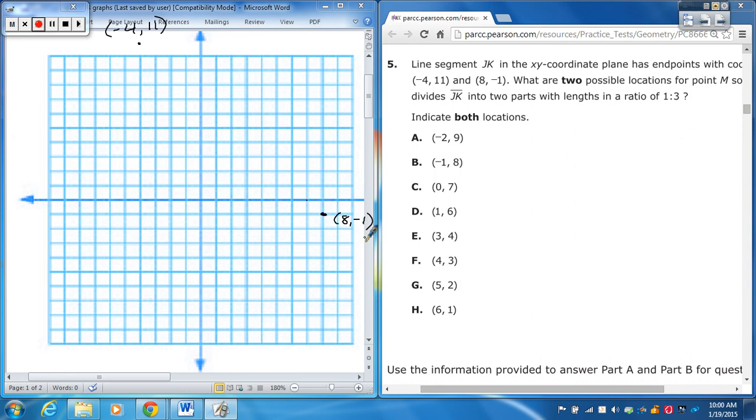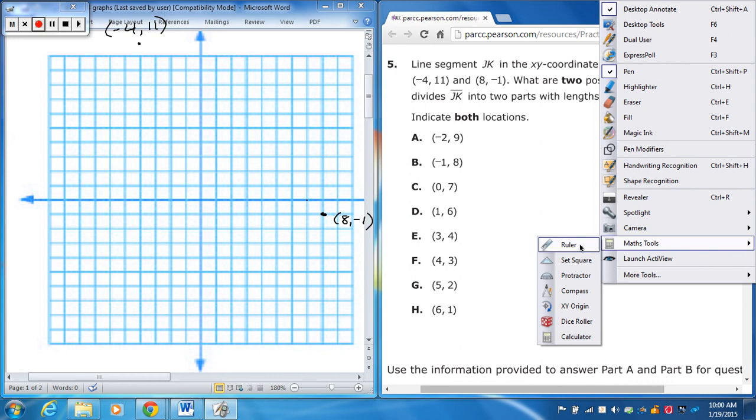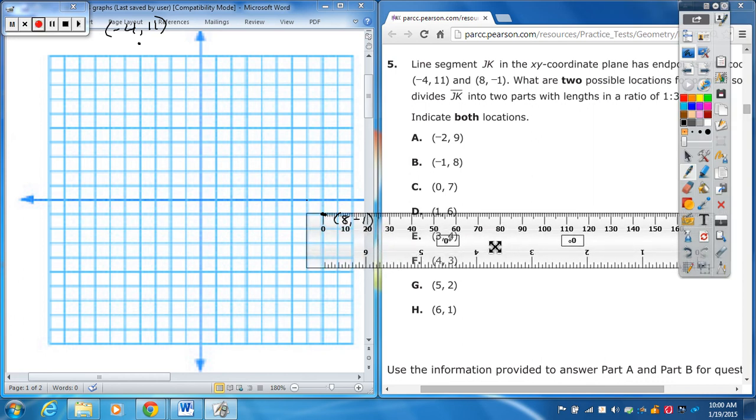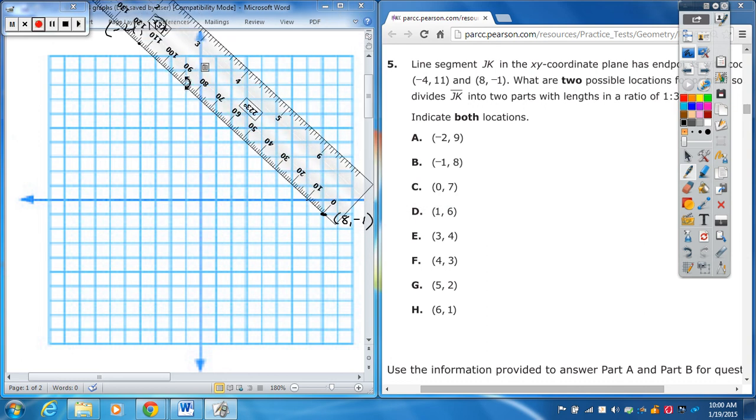Okay. What are 2 possible locations for M so that it divides JK into 2 parts with lengths of ratios 1 to 3? Now, this whole problem hinges on your understanding of ratios. Okay? And so, what I want you to see from this problem is this.